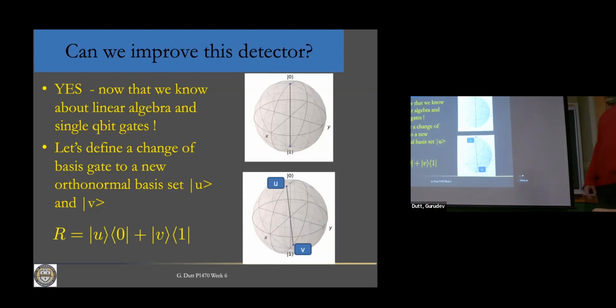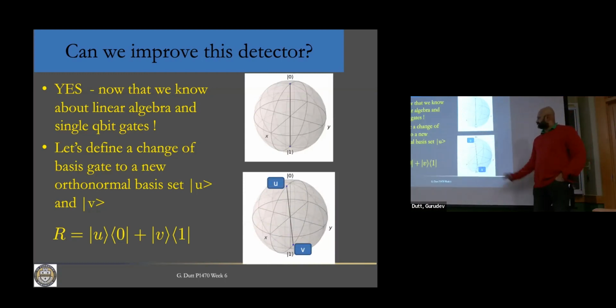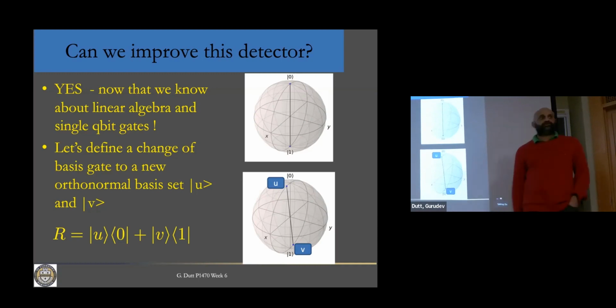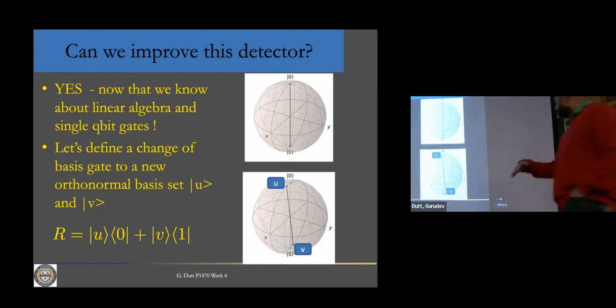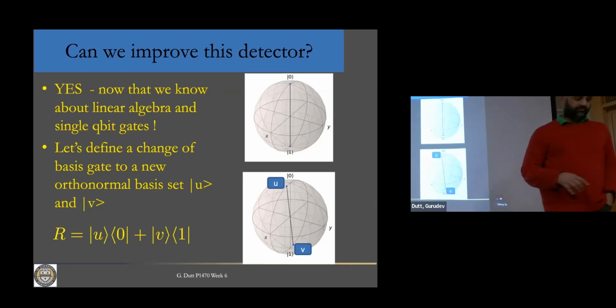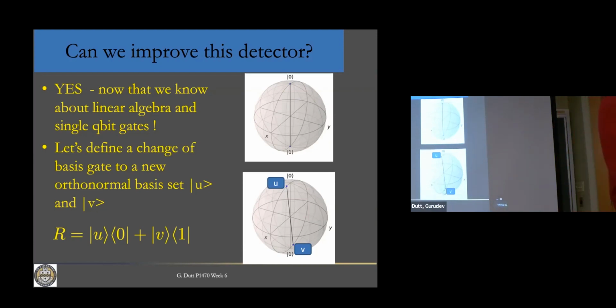In the Bloch sphere, the way we are picking U and V, they are a small rotation by epsilon around the y-axis from the 0-1 basis set. The plus and minus states would be a larger rotation. Although it looks like 90, remember from your assignments that it corresponds to the X and Y basis.